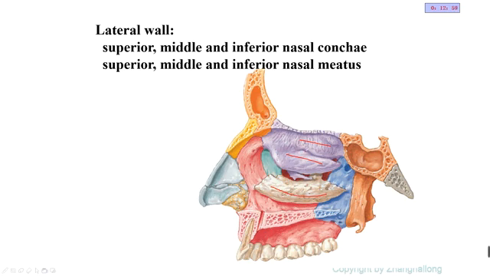And below them, there are three meatuses: superior nasal meatus, middle nasal meatus, and inferior meatus. The three conchae, under them are the three meatuses.